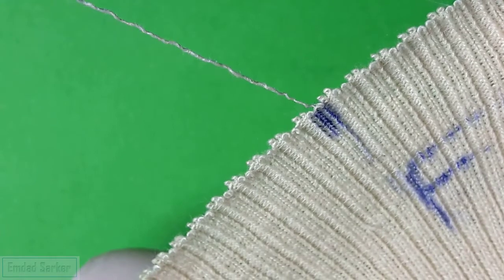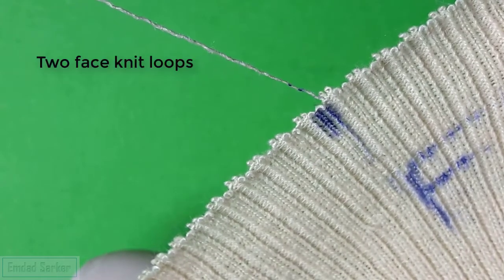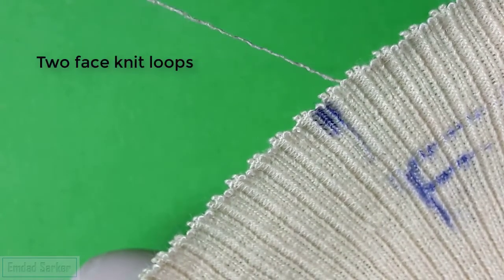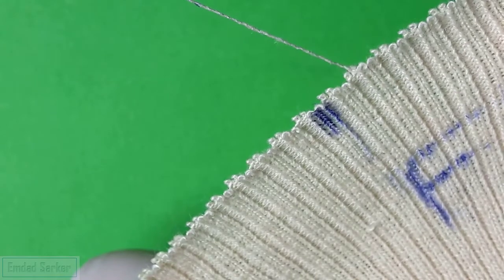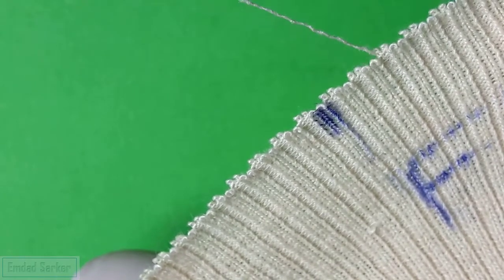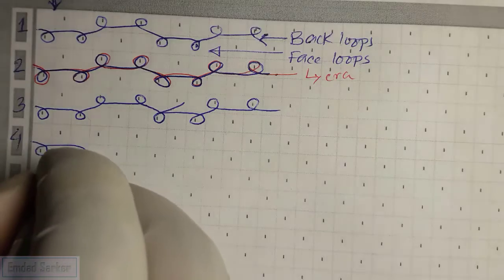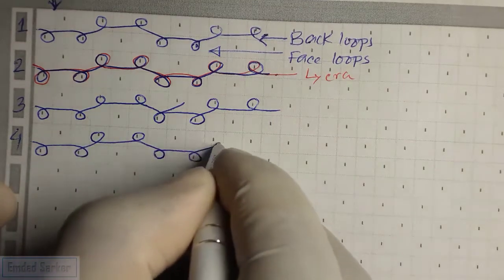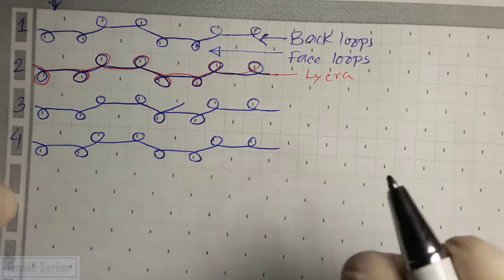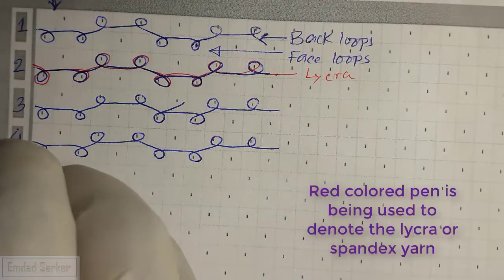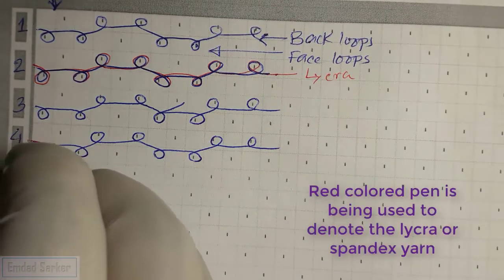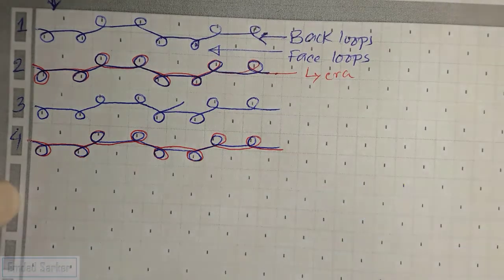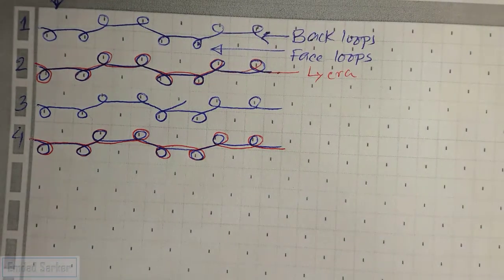Again in the colored portion, two face loops and two back loops. So all the courses are the same in construction: two face loops, two back loops, two face loops, two back loops. So we got the structure here.